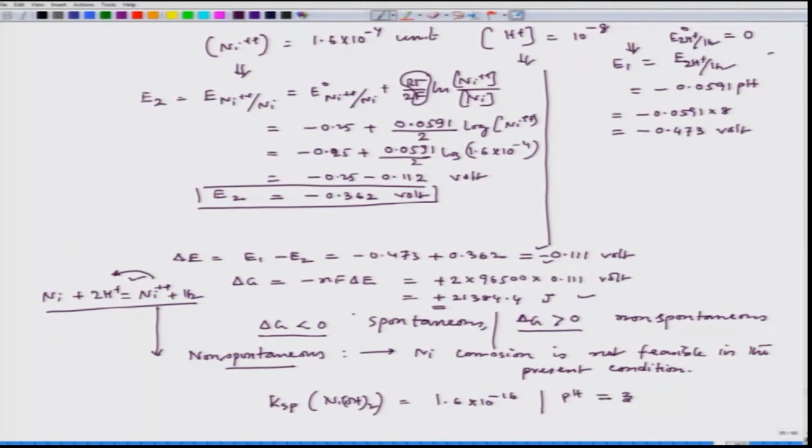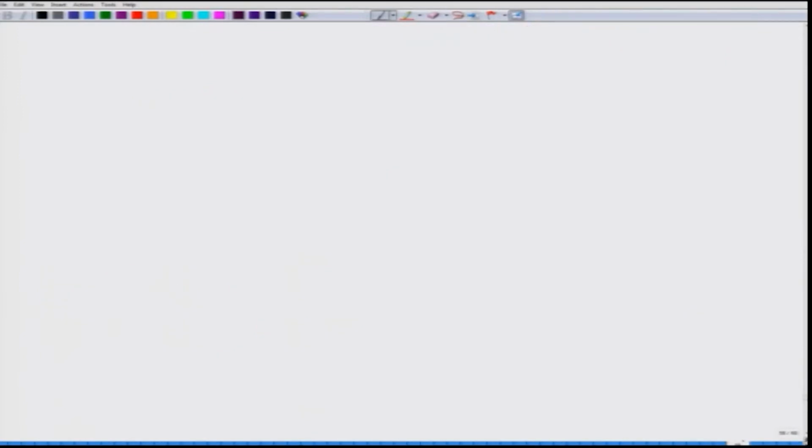Since we have seen pH plus pOH equal to 14, pH equal to 3 means pOH equal to 14 minus 3 equal to 11. So, the OH minus ion concentration is equal to 10 to the power minus 11.